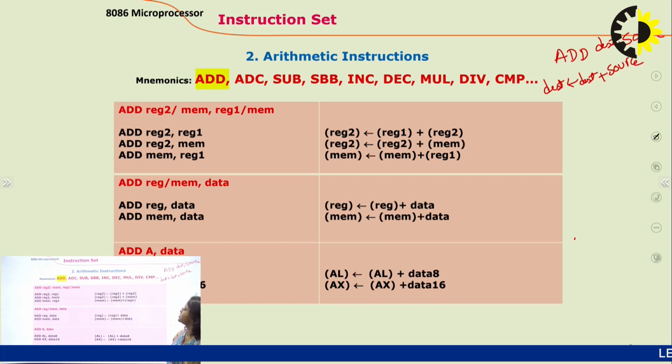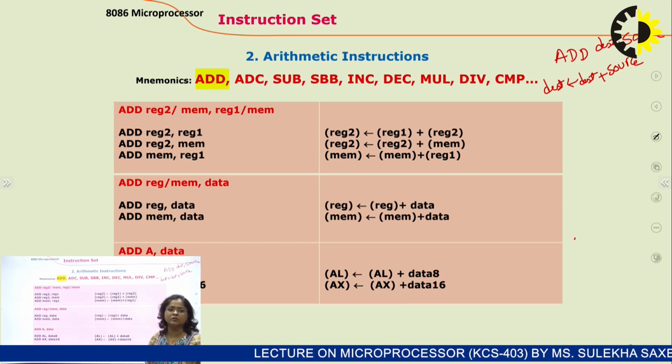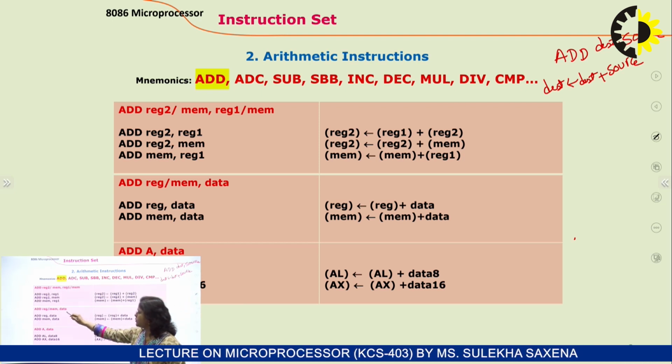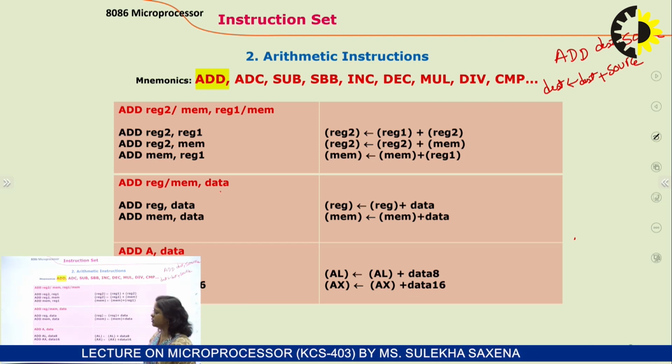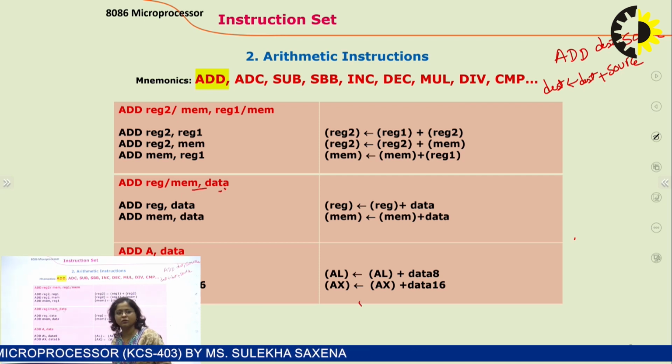The destination can be a register or memory location, but can never be immediate data, whereas the source can be a register or memory location or 8/16-bit immediate data. So with immediate data, it adds register or memory plus immediate data and copies it into the register or memory location.